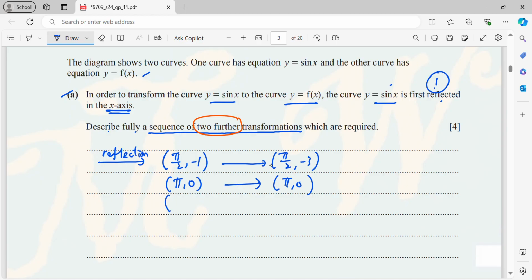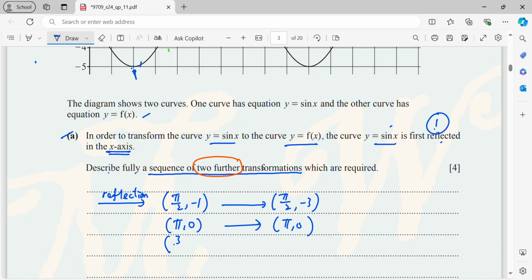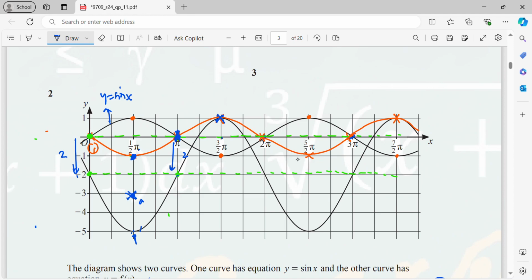Now if I check another point, this point with coordinates 3 over 2 pi and 1. So here 3 over 2 pi and 1. Now my new point, that means after the first transformation, you are getting this point right now. And remember, from here we need to move up 2 units to get this point.